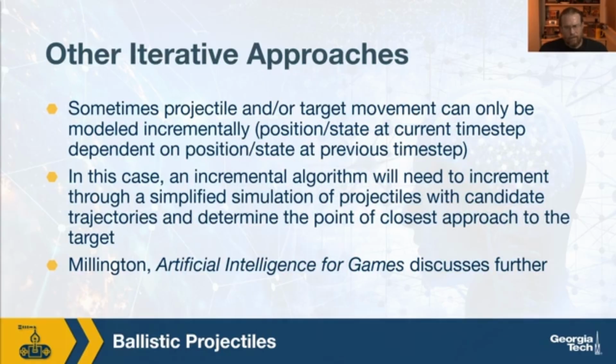So in that case, you need a way to actually simulate the projectile movement on this incremental approach, and we have to figure out how close it got to the target. And this might involve both the projectile and the target moving. So it's basically like keeping track of a timeline in space.